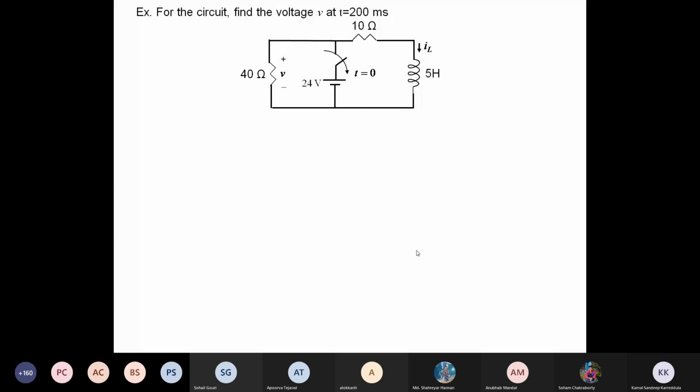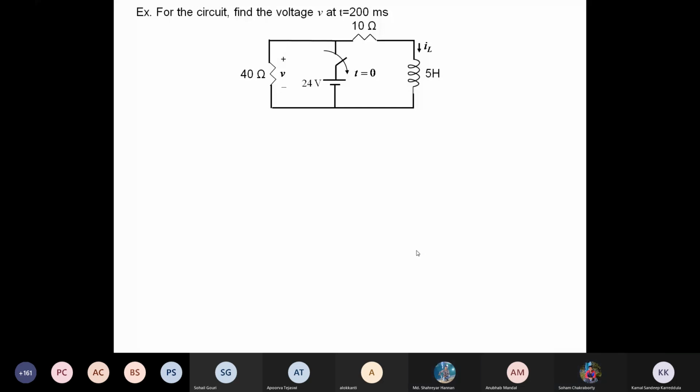The battery was connected at t less than 0, and suddenly at t equal to 0 it was opened, that means the battery is taken out of the circuit. Problem is clear? All of you can see? Yes, sir.